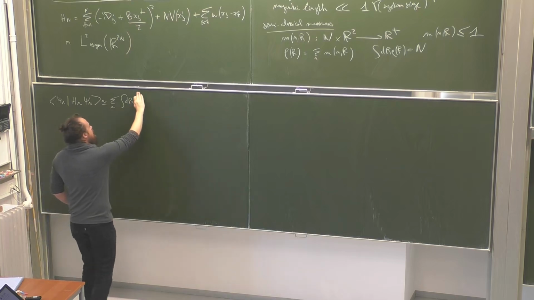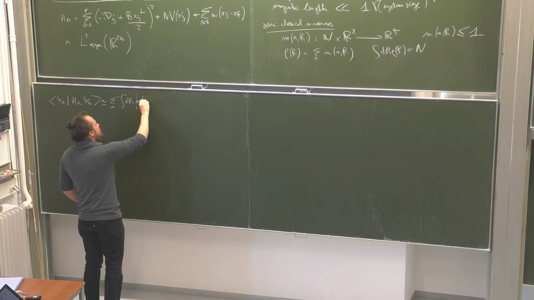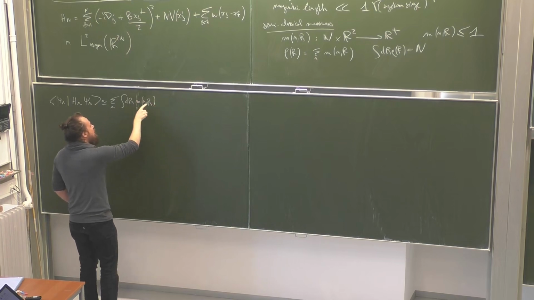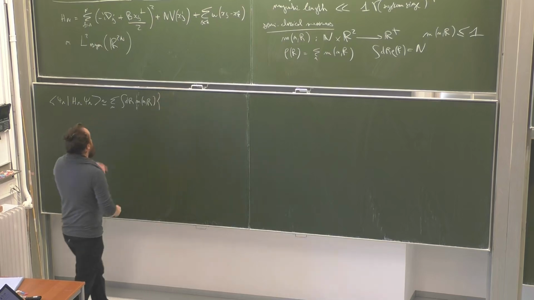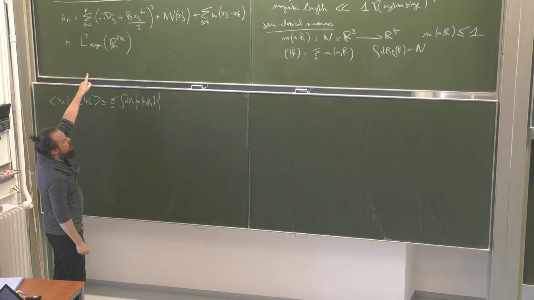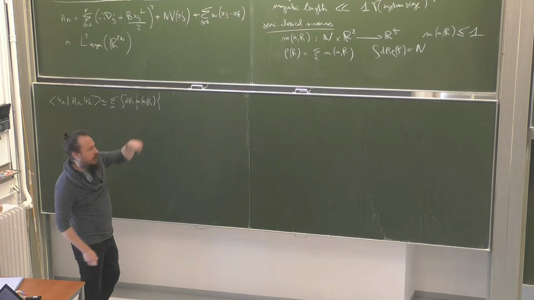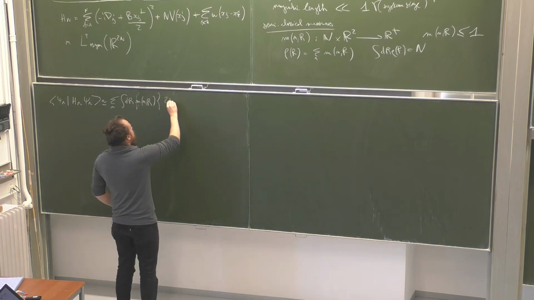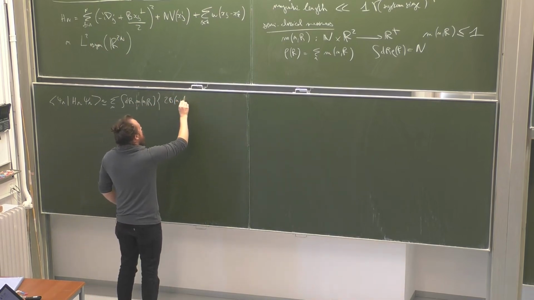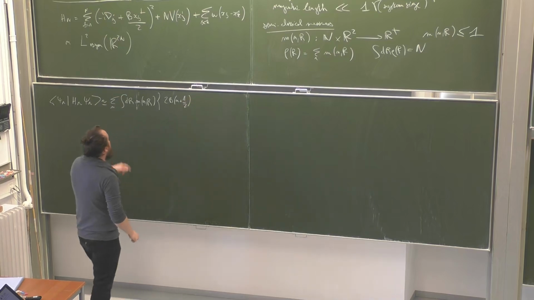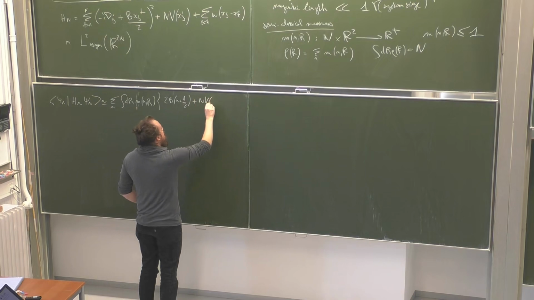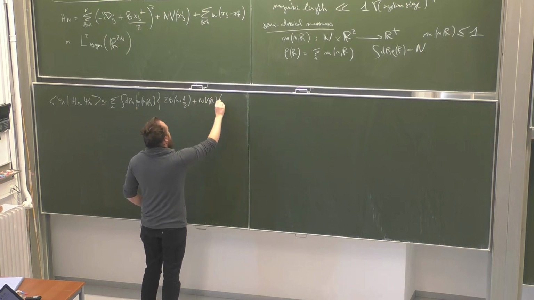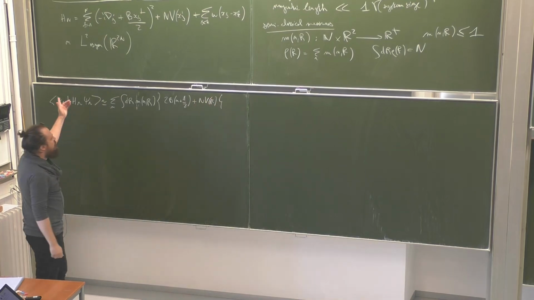It's an energy which is proportional to the density of particles in Landau level n and position r. Then you put the magnetic Laplacian, you just replace by its eigenvalue, so you're going to put 2b times n plus half. You add the external potential plus nV of r. And that's the one-body part.